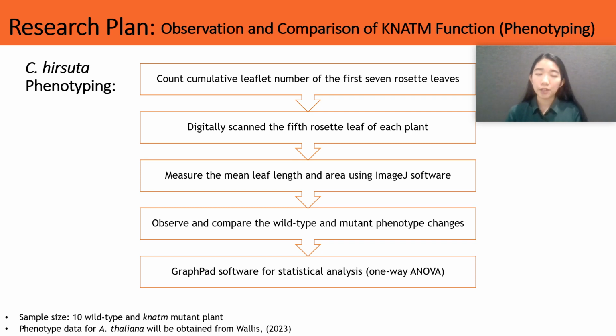The phenotype changes of wild type and mutant plants will be observed and compared. And statistical analysis by one-way ANOVA will be done using the GraphPad software. For the sample size, it is 10 plants for each of wild type and the NetM mutant. And the phenotype data for Arabidopsis thaliana will be obtained from a previous study.